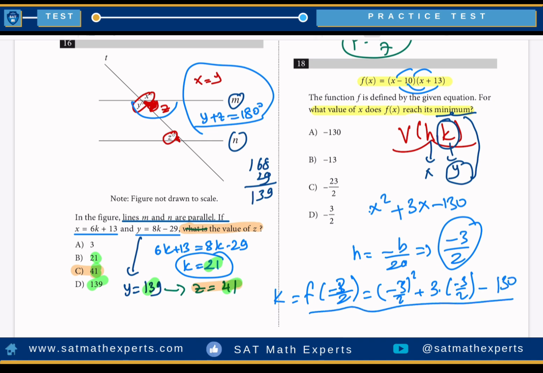When you do this, let me just do my calculation. Okay, you can find the value of this one. So it will be the correct answer.